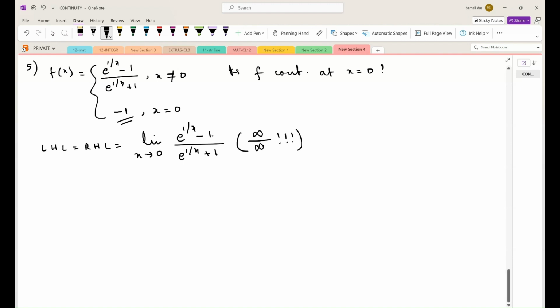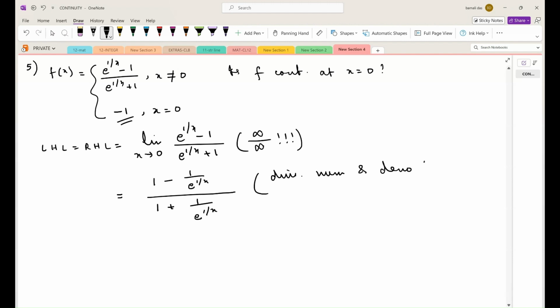So we have to adjust it. What we do is we divide both numerator and denominator by e^(1/x). So this becomes (1 minus 1 by e^(1/x)) by (1 plus 1 by e^(1/x)).